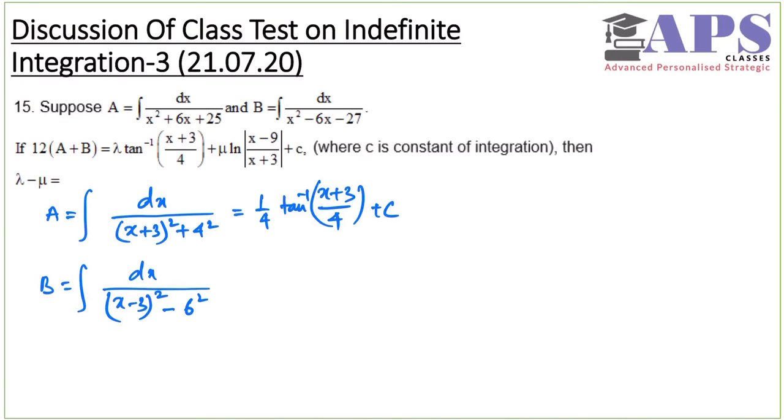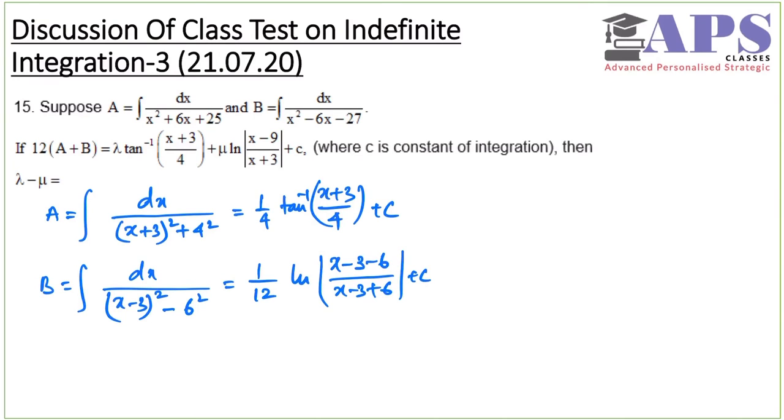So this becomes 1 by 2a, 1 by 12, then log of x minus 3 minus 6 by x minus 3 plus 6.